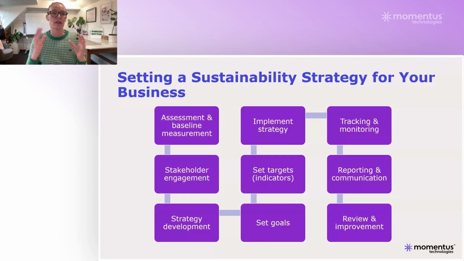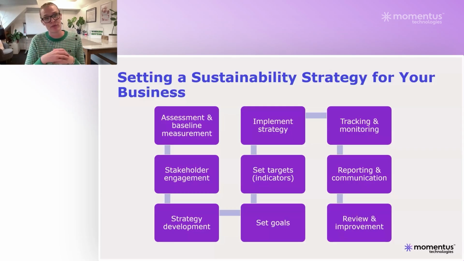Then once we're happy with our timeline, it might be that you do this every 6 months or every year, we do a report and we communicate that report. So you're reporting your progress here to your stakeholders. It might be that your internal and external stakeholders have different requirements and need to know different things, but you tweak those reports to identify with those stakeholder groups.